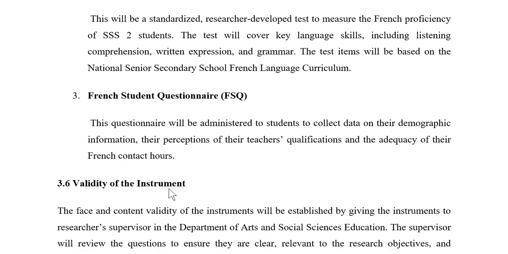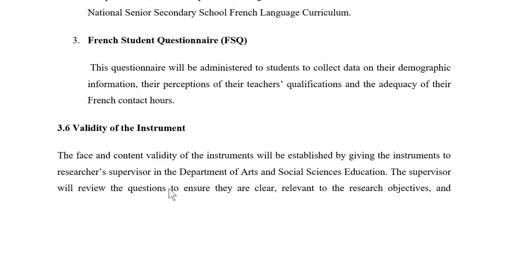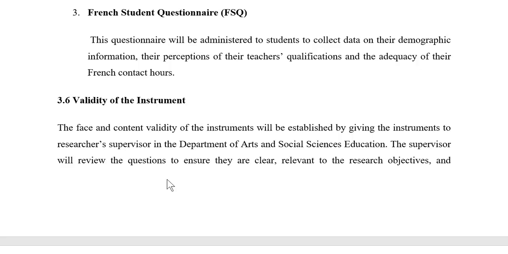Now, another most important concept in this chapter is the validity and reliability of the instrument. The instrument is used to ensure that the research objectives in the topic are clearly captured by the questionnaire.